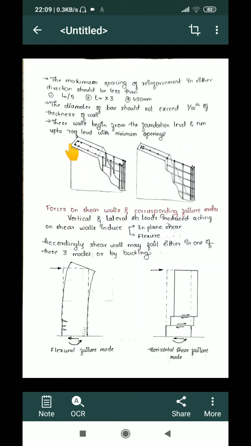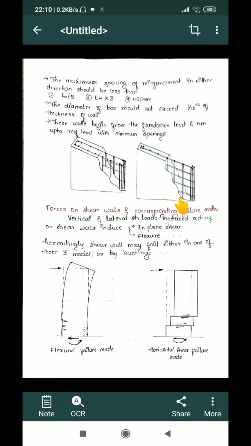For high rise building structures we prefer a shear wall thickness somewhere between 150 mm to 400 mm, and reinforcement is always provided at the center of the shear wall like this. Reinforcement is provided along both axes, along the entire plane of the wall.